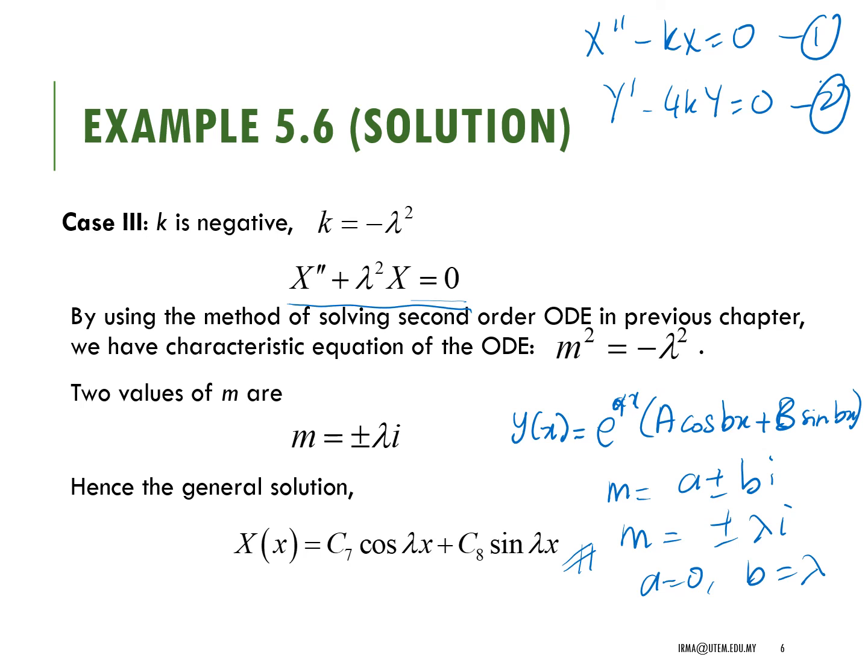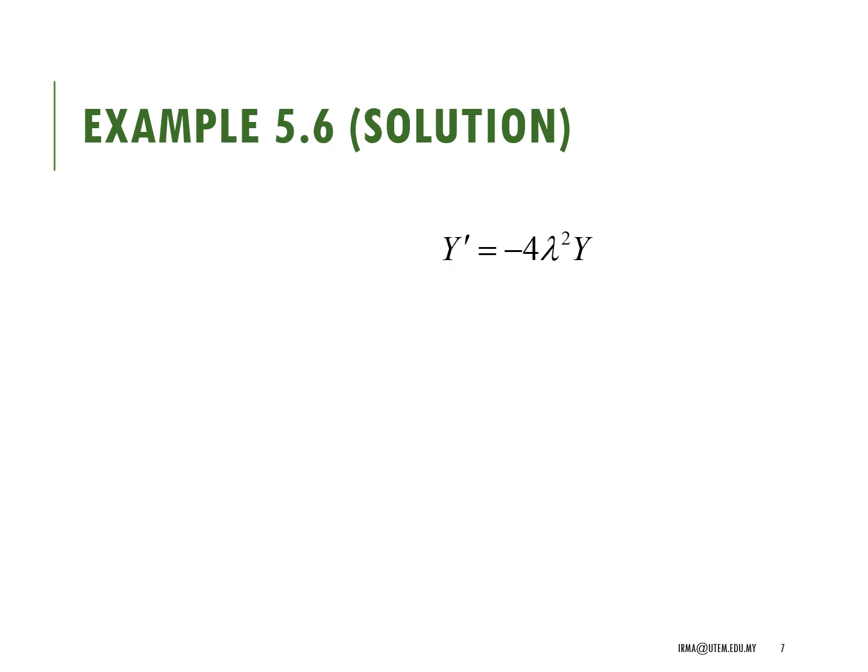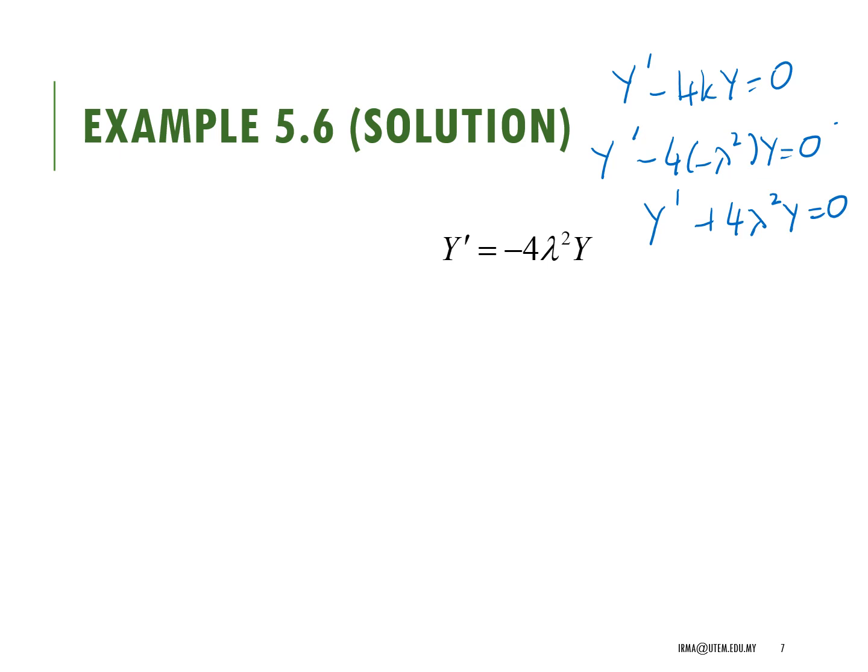So this is x. Last is to find the y. y comes from y prime minus 4ky equal to 0. So when you substitute k with negative lambda squared, you will get y prime plus 4 lambda square y equal to 0, or you can write y prime equal to negative 4 lambda squared y.